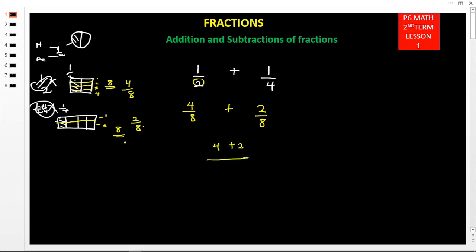Each one has a total of 8 parts. So we add 4 plus 2, and we get 6. So it is giving us 6 out of 8. Here we have used the diagram. So let us move on and see.